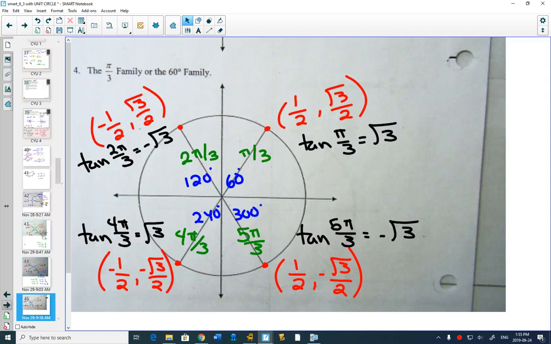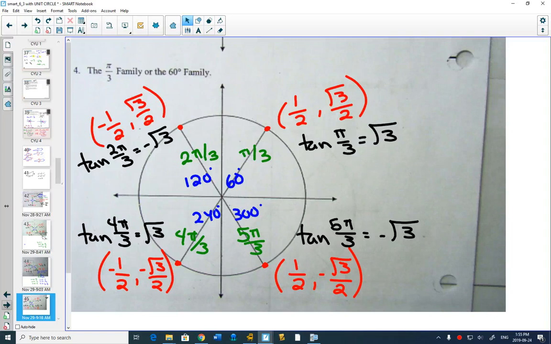Sine of 5 pi over 3. Aaron, who are you going to pick? Yeah, you can pick Raiden.